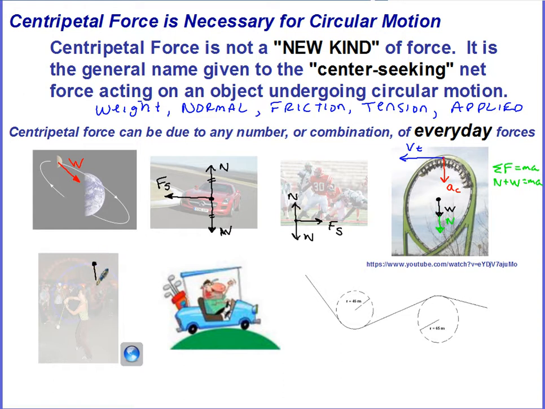We have the weight of the object, so the Earth is pulling down on that, but we also have, provided we go fast enough, the need for the rope to pull inward, and so the tension force would also be acting towards the center.